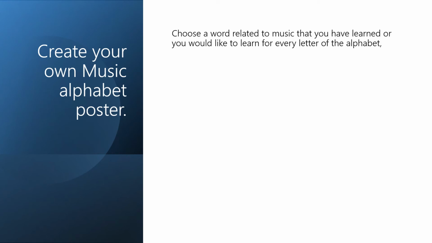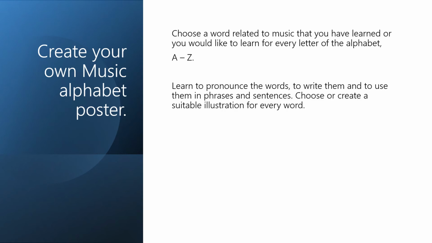I have a task for you. Create your own music alphabet poster. Choose a word related to music that you have learned or you would like to learn for every letter of the alphabet, A to Z. Learn to pronounce the words, to write them and to use them in phrases and sentences.